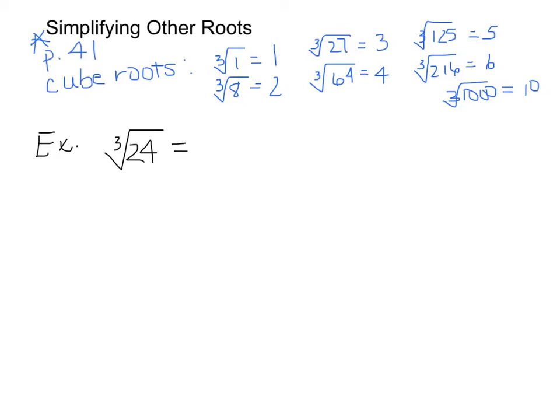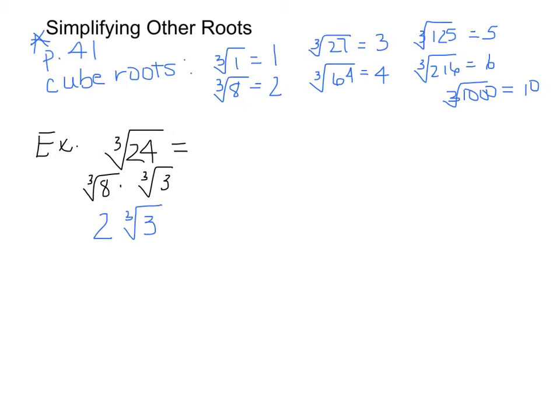So you would break that down to 8 times 3. So the cube root of 8 we know is 2, and then the 3 will stay under. And it's very important that you write that cube root back. Okay? And then you would do the same if it was a 4.